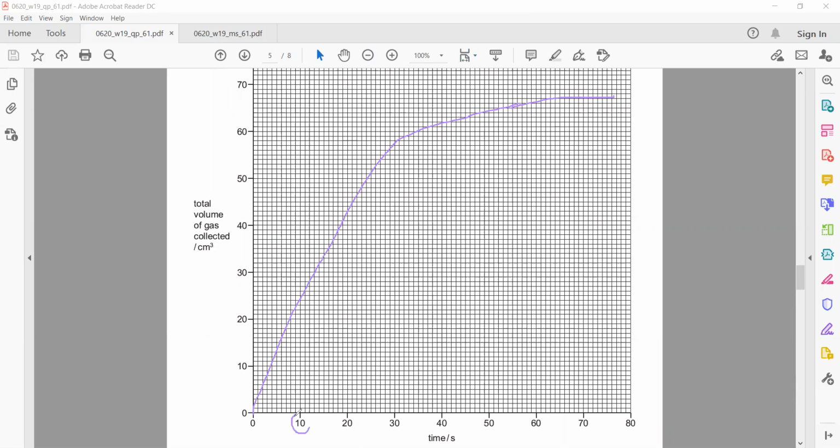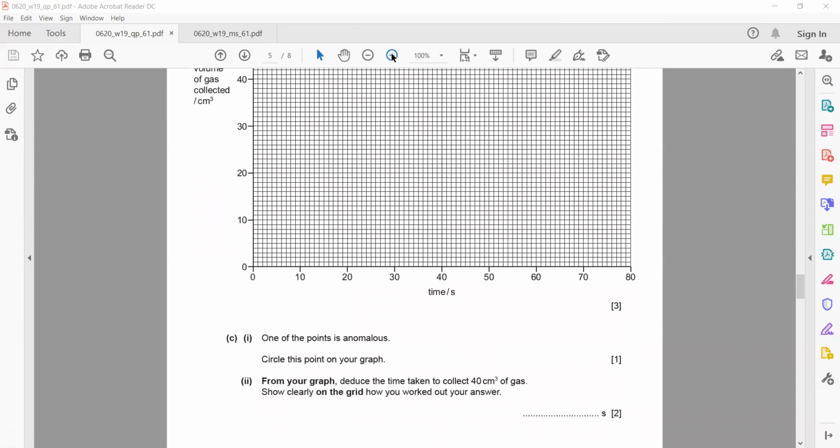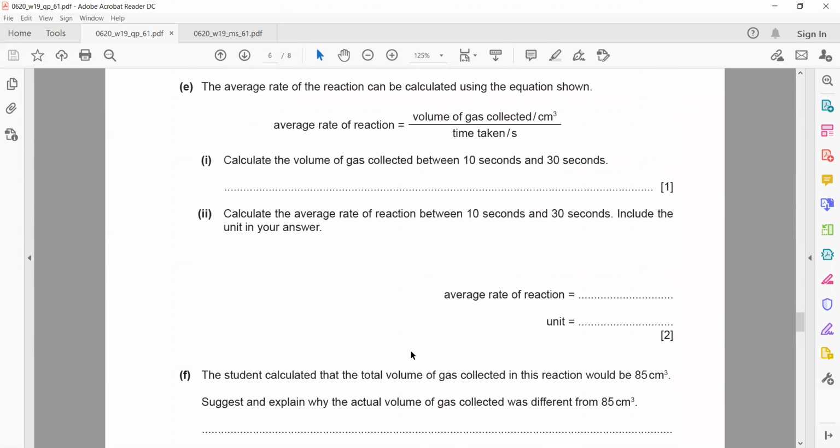So first we'll find the volume at 10, and then we'll find the volume at 30 and take the difference to know the volume of gas collected from 10 seconds to 30 seconds. And you will get that value.